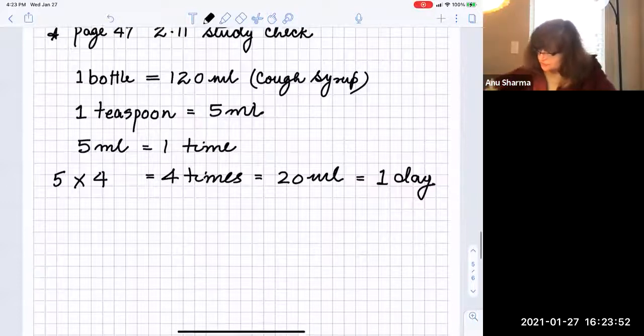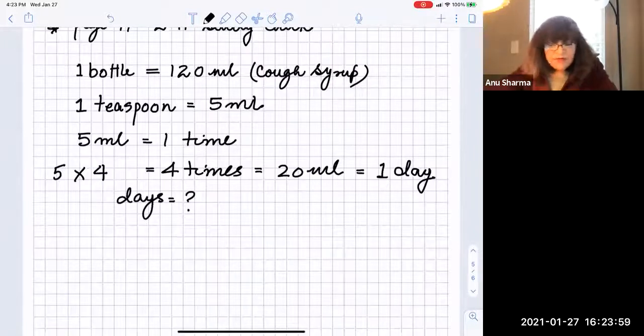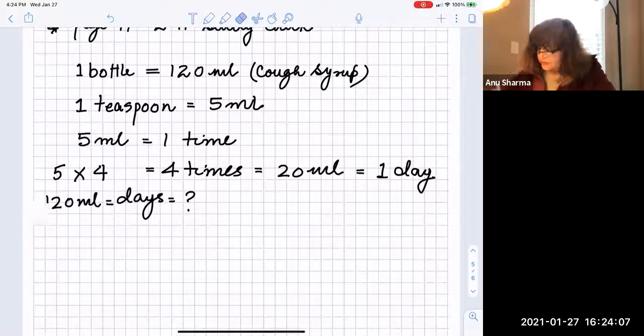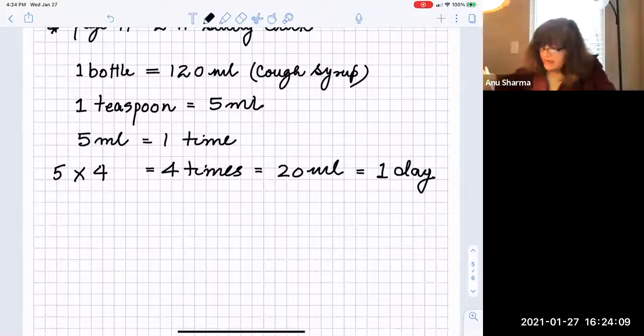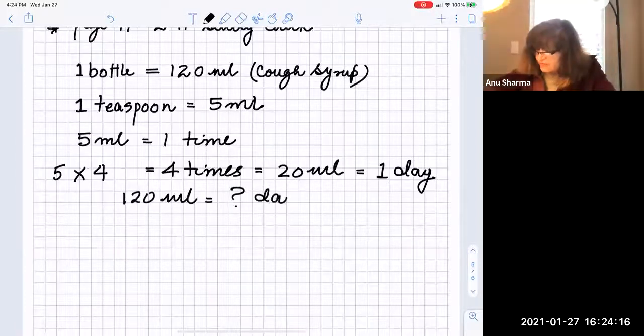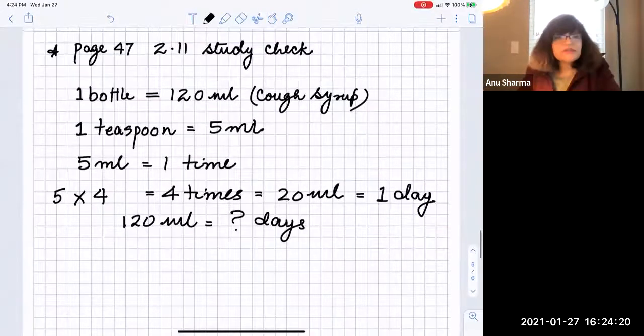How many days? The question is now asking days. How many days will elapse before the refill is needed? In other words, this 120 ml is going to last how many days? So basically, the entire sentence has been converted to equalities, and we have extracted what information we want from this.